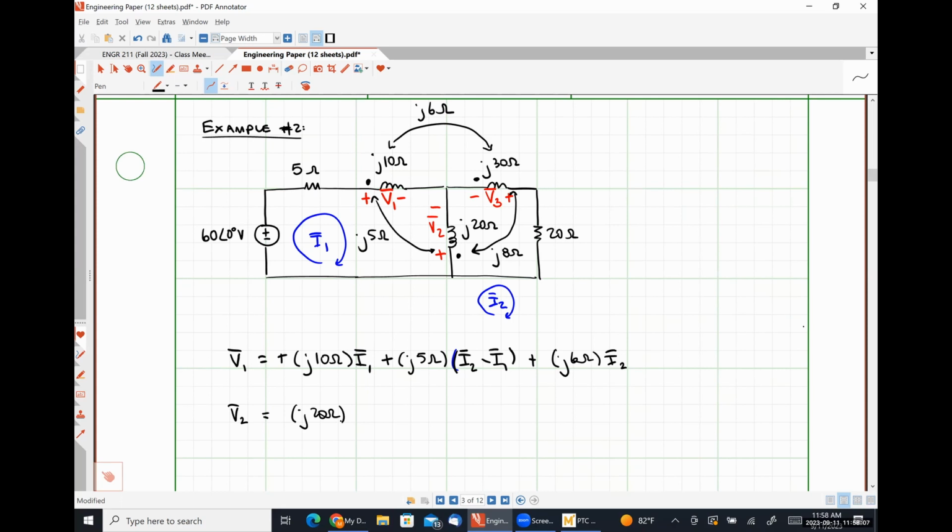So all right, the positive polarity terminal of the voltage V2 is at the dotted terminal, and the current I2 minus I1 is the current flowing into the dotted terminal. So we should get a positive sign for the self term here.